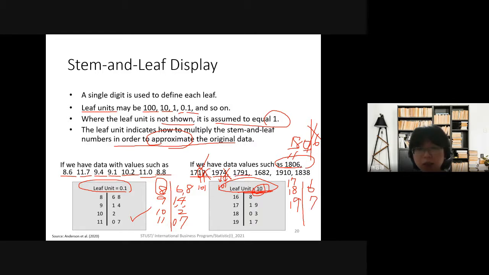The other one is 1791. The leaf unit is 10, so 17 we have already written down, and the leaf will be 9. You can follow such a rule to finish the stem and leaf display.